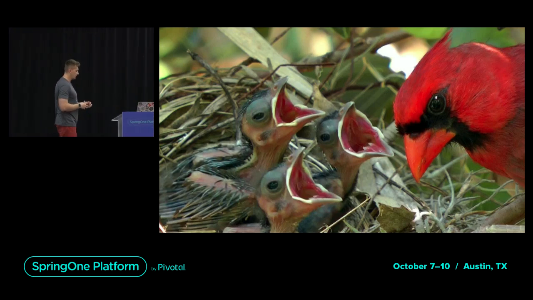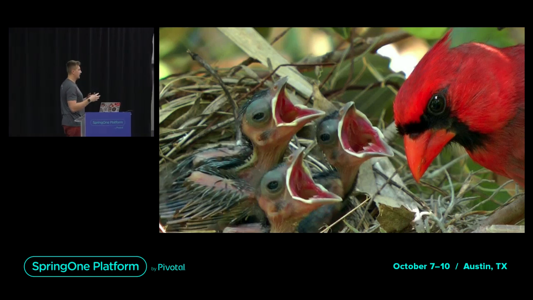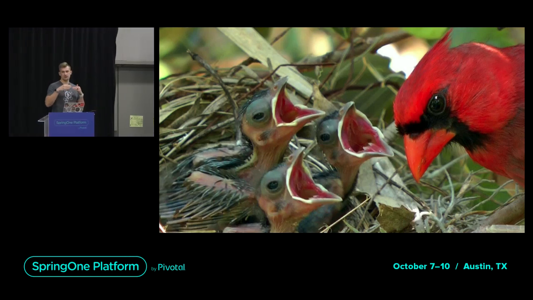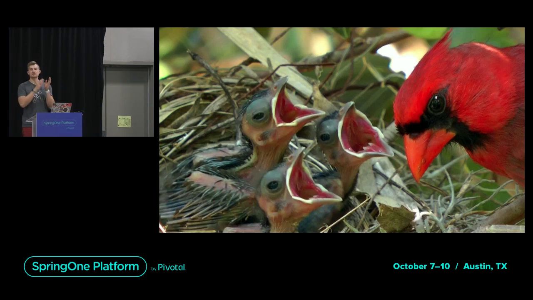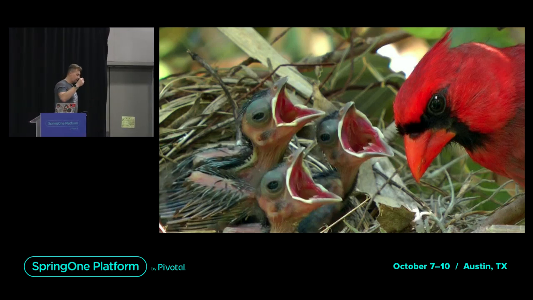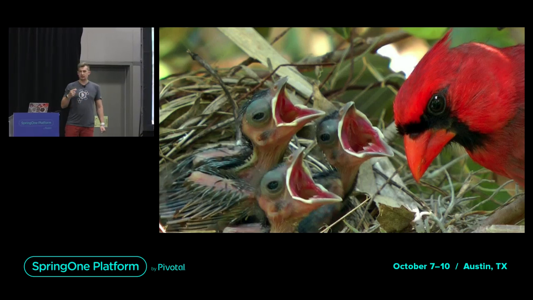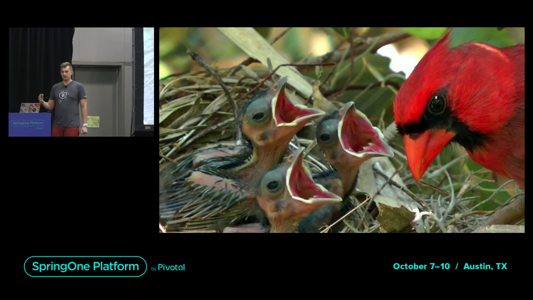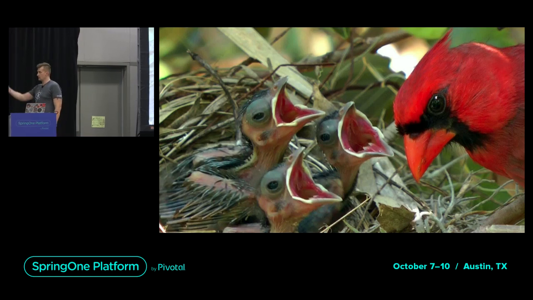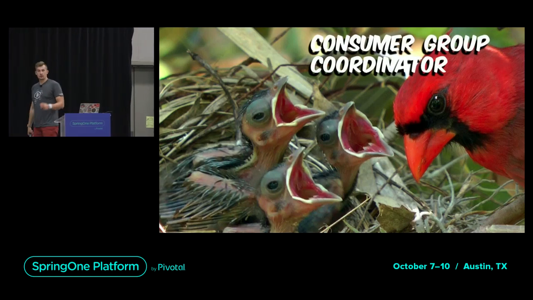When I said Kafka topics contain partitions, which is the way the data is distributed, these small files are distributed across multiple nodes. The responsibility for assigning these partitions to particular consumers is handled by this mommy bird, also known as the consumer group coordinator.